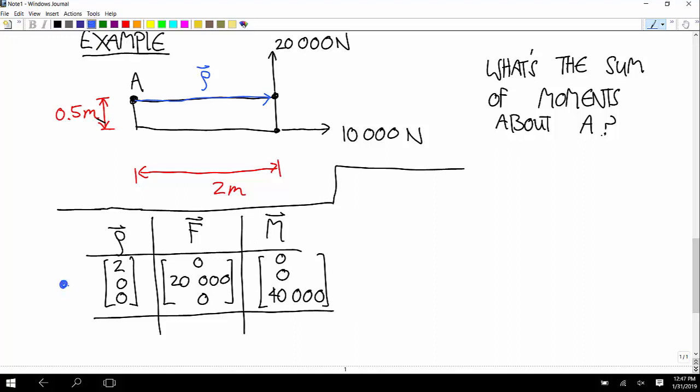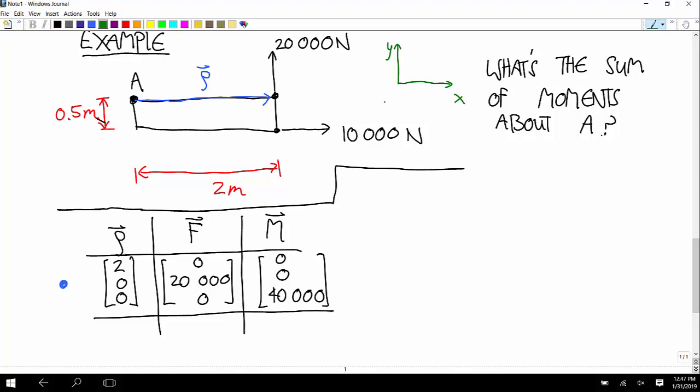This is the blue one. So 0, 0, 40,000 means magnitude of 40,000 coming out of the page if we're using a coordinate system like this.